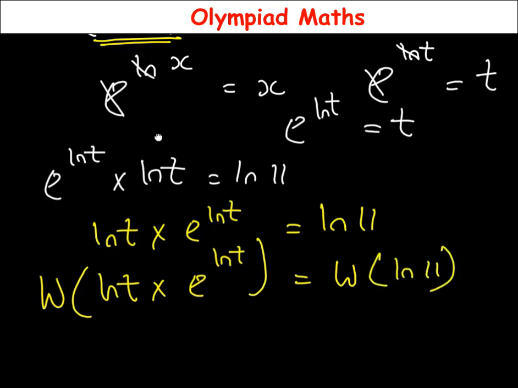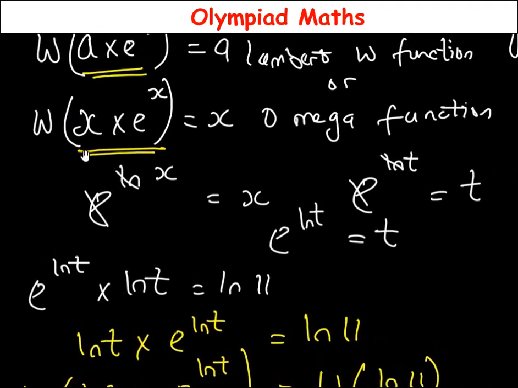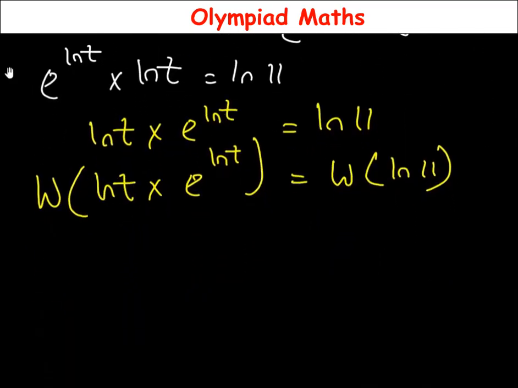Now, following the rule of the Lambert W function, that if you have W of x times e to the power of x, this equals x. So in that case, W of ln t times e to the power of ln t becomes ln t, which is equal to W of ln 11.